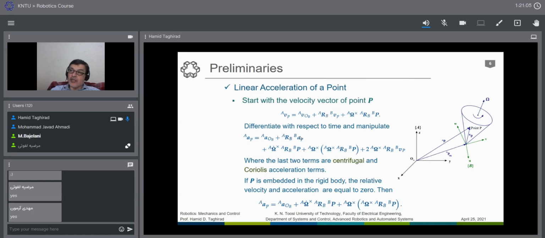These 2 terms become 0, so we don't have these 2 terms, and the acceleration becomes only the 1st, 3rd, and 4th components. The 2nd and the 5th components become equal to 0.